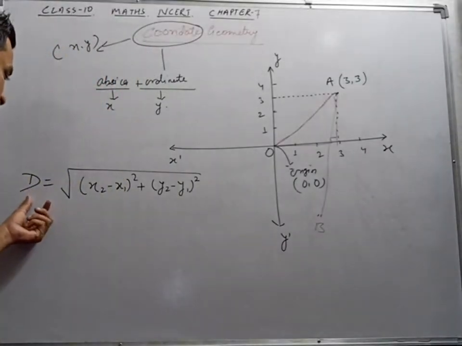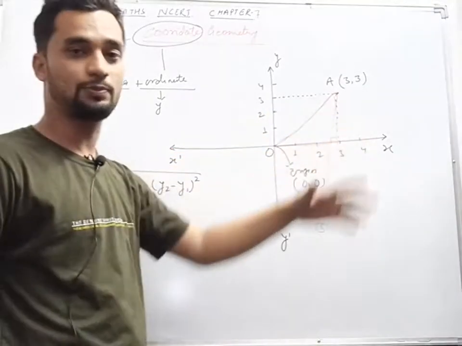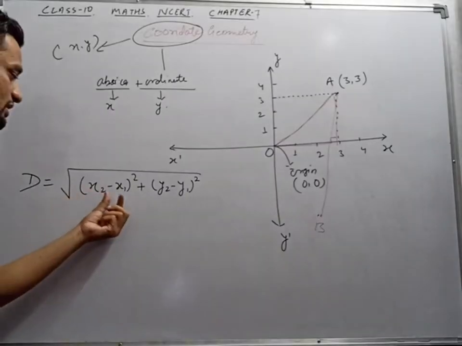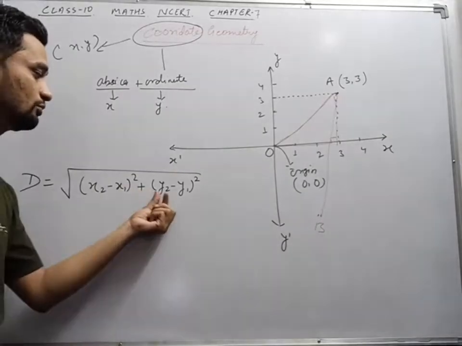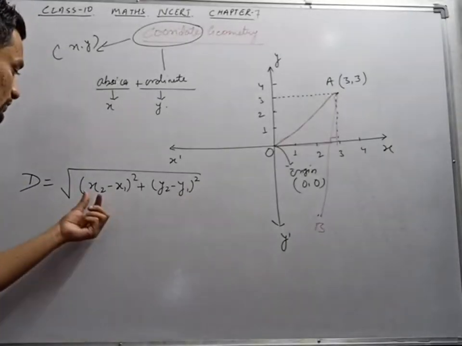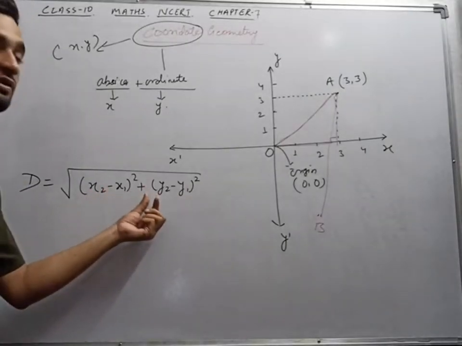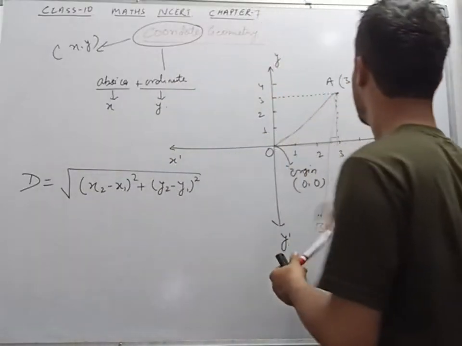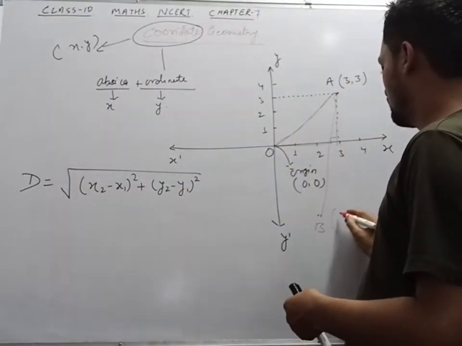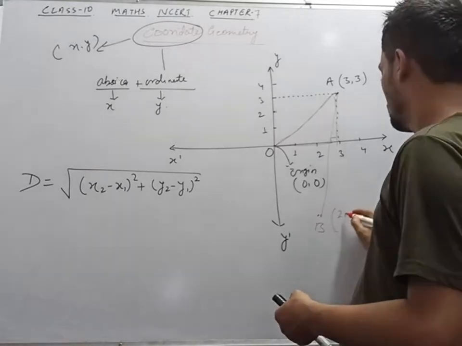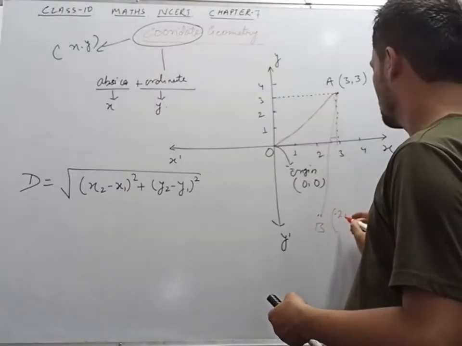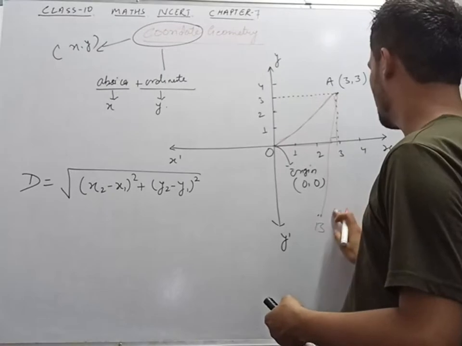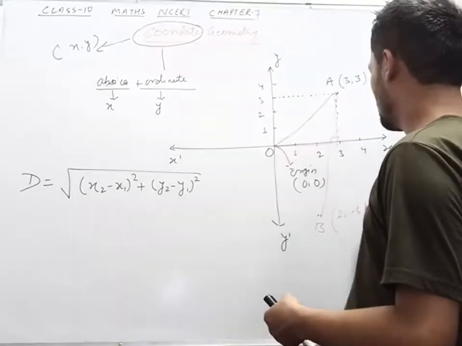The formula for finding the distance in a plane is root over x2 minus x1 whole square plus y2 minus y1 whole square. What will be x1, x2, y1, y2? These are the coordinates. Suppose this is 3, 3, and for example this is 2, minus 5, or any number.